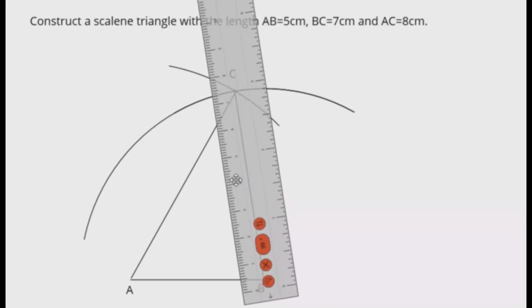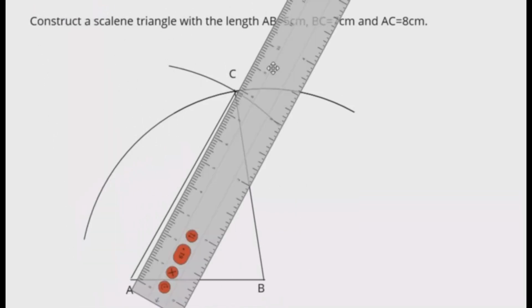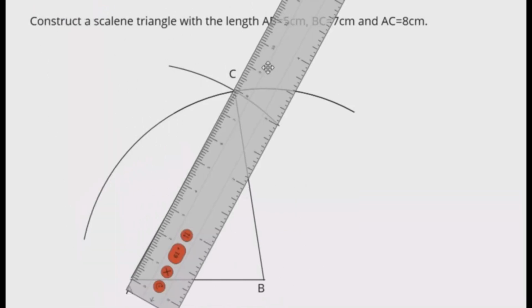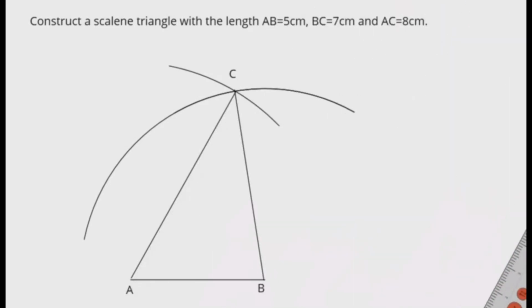And when I also bring this ruler, it is also from 0 up to 8 centimeters. So now you are able to see that I've drawn a triangle that has got different sides. So we can even name these sides.